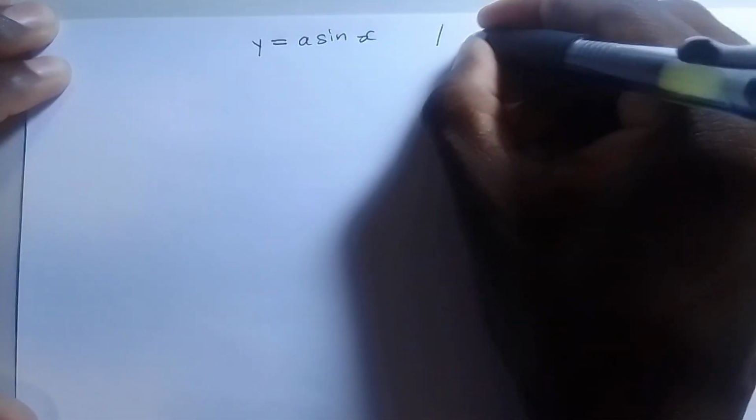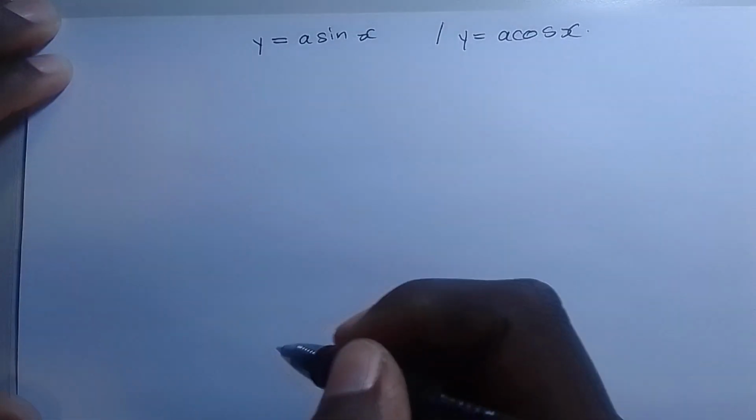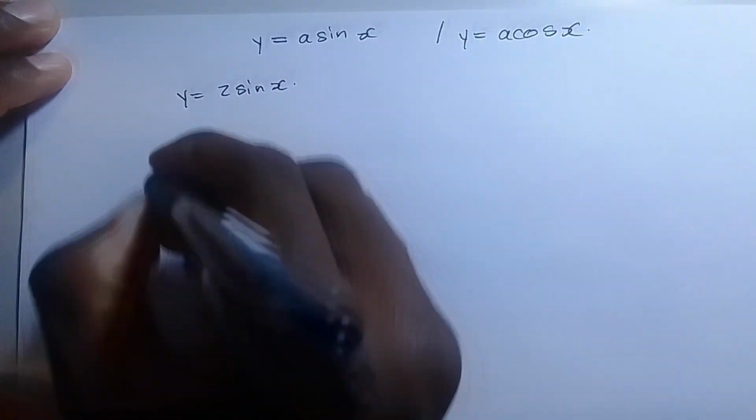Let's sketch the graph of, what we are exploring here is y is equal to a sine x as well as y is equal to a cos x. First graph we're gonna draw is the graph of y is equal to 2 sine x.